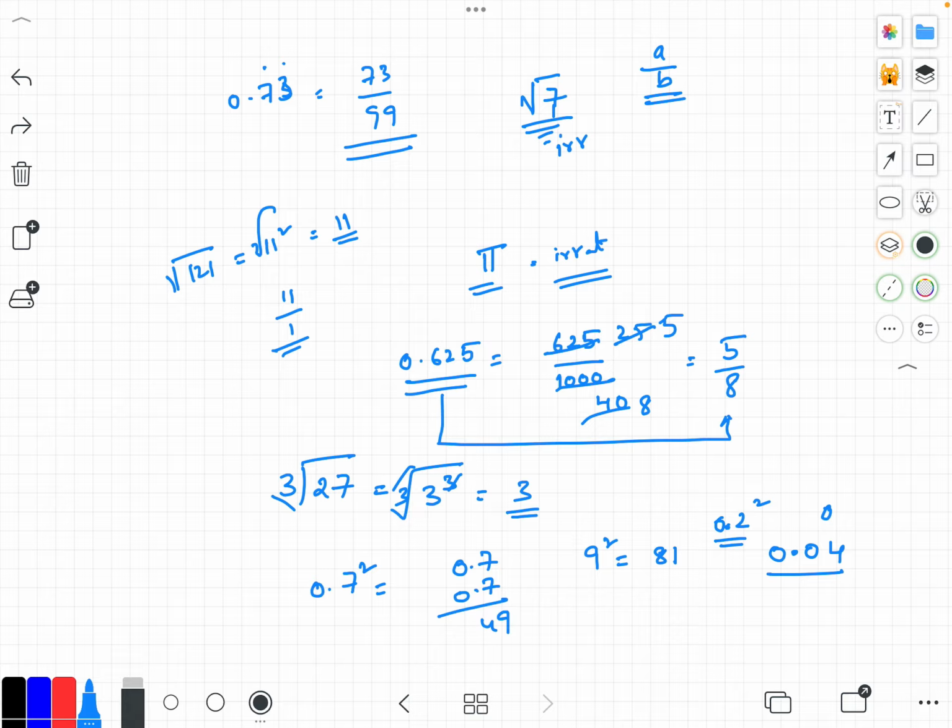Whenever you are multiplying, you have to take how many digits are there after the point in each number. 0.7, one digit, and 0.7, one digit. So total two digits. After two digits you will keep the point and you will say 0.49. Okay.